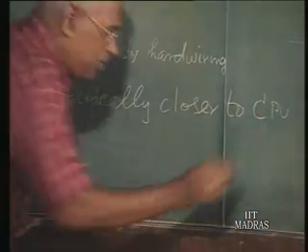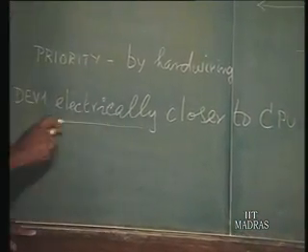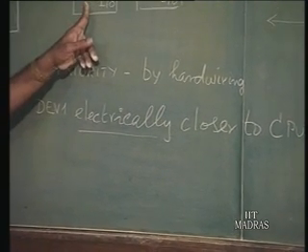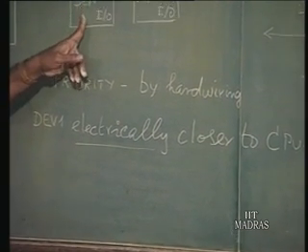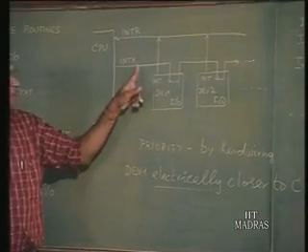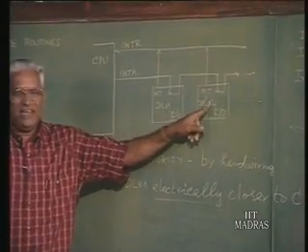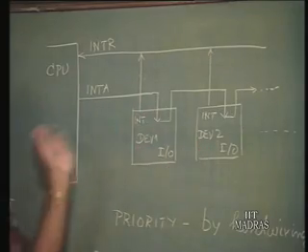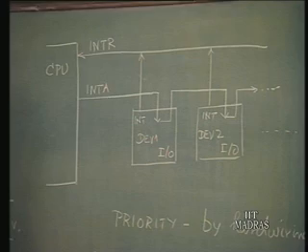I hope you understand why we say electrically closer, because device 1 may be physically farthest. For instance, if the interrupt acknowledge first goes to device 2 and then it comes to device 1, then we would say device 2 is electrically closer, though physically it may be further away.